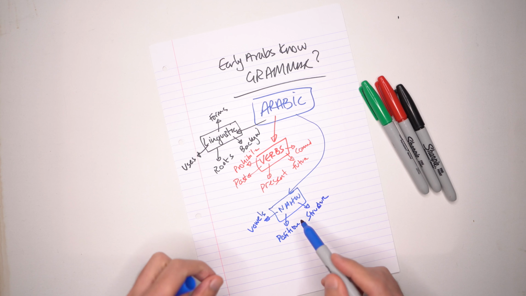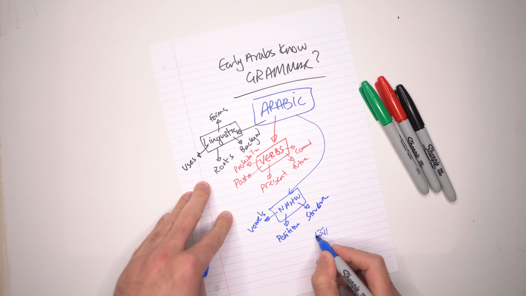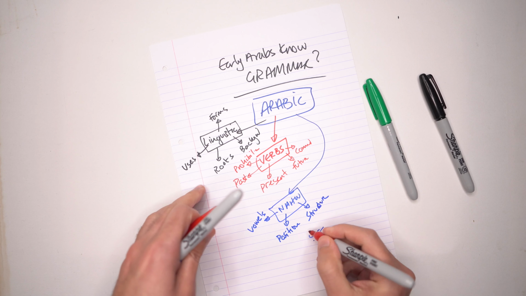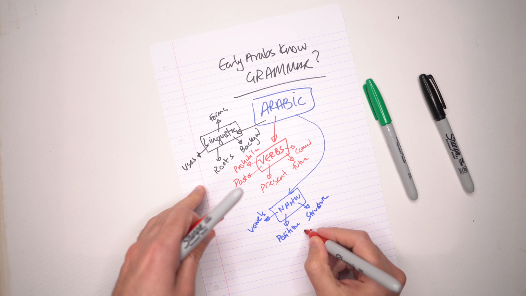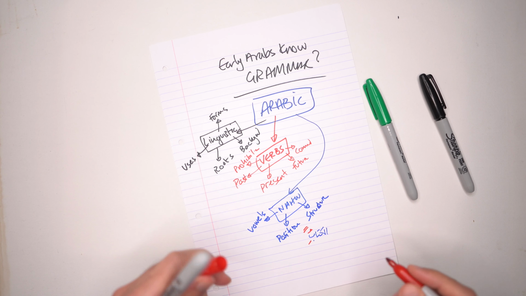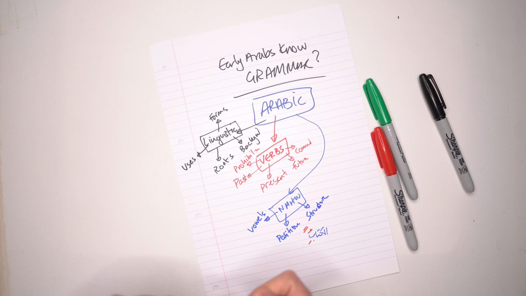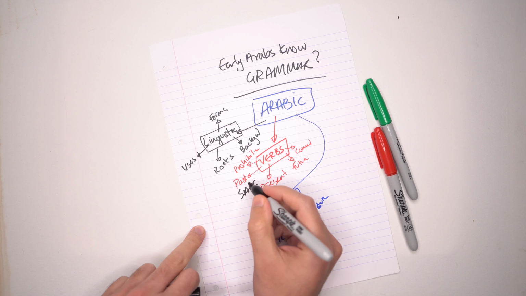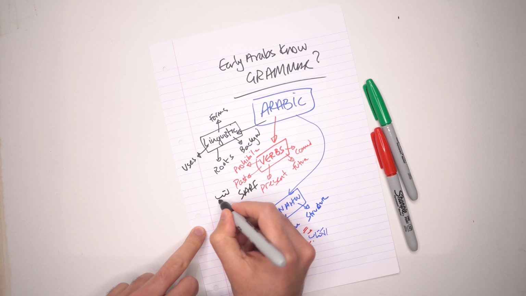For example, when you have a word like al-kitab, you want to know the ending of that word. Does it end with one of these symbols or one of those symbols? That is what you study in nahu. Whereas in the verbs one, known as sarf, if you want to say he wrote, you say kataba.